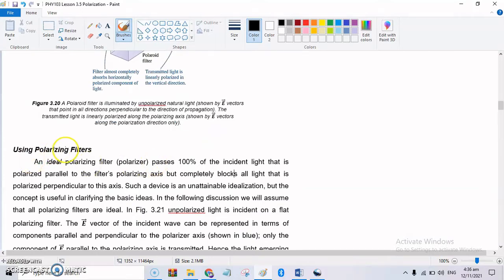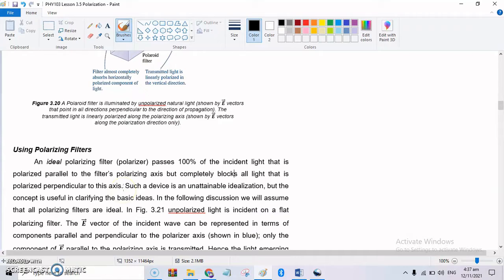Next, using polarizing filters. An ideal polarizing filter or a polarizer passes 100% of the incident light that is polarized parallel to the filter's polarizing axis, but completely blocks all light that is polarized perpendicular to the axis.